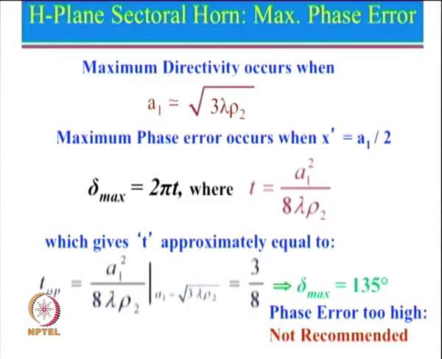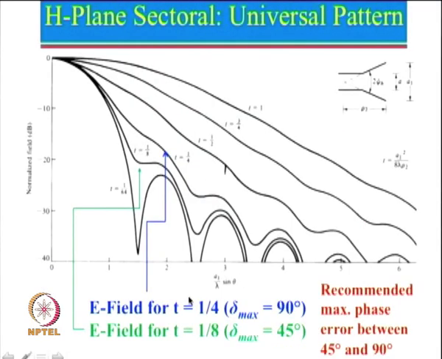But let us just now look at the radiation pattern, which is known as a universal radiation pattern for H plane. What we have here is normalized field in this direction, and we are showing the values of A here, and these are the different curves for different values of the phase error. So, let us start with this one, which corresponds to very small phase error. You can see that this factor is much smaller over here.